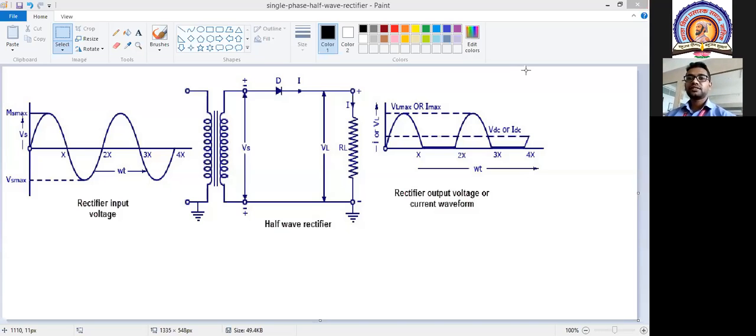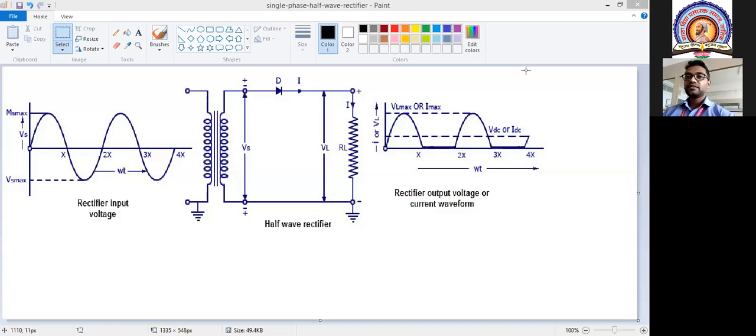Let me say again what is meant by the rectifier. In the previous lecture, we studied about the regulated power supply. The regulated power supply has many blocks. The first block is obviously the transformer, to step down the AC supply into a lower voltage AC supply.